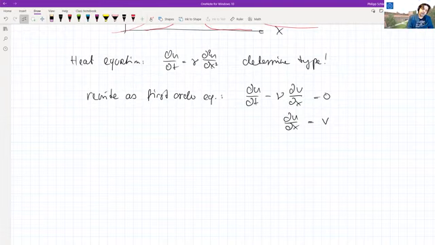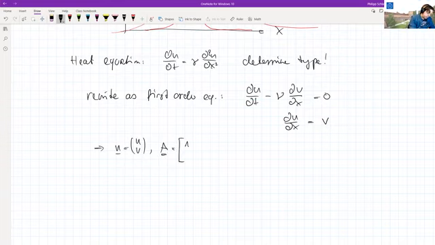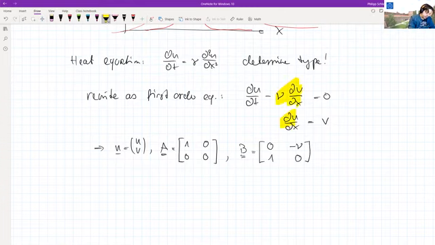Okay, once we have done it in this way, we can go into the formalism that we had yesterday. So I define this u vector to be u and v. My A matrix now becomes 1, 0, 0, 0. That's all the t derivatives collected here. The B matrix is all the x derivatives. So we have 0, minus nu, 1, and 0. Essentially, this term and this term.